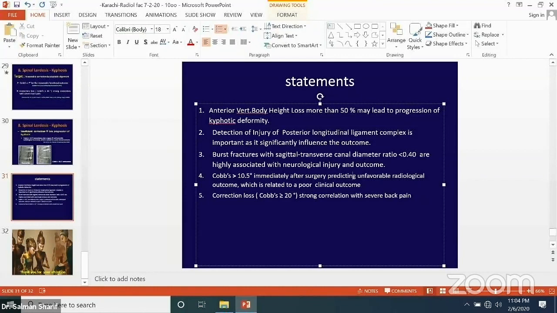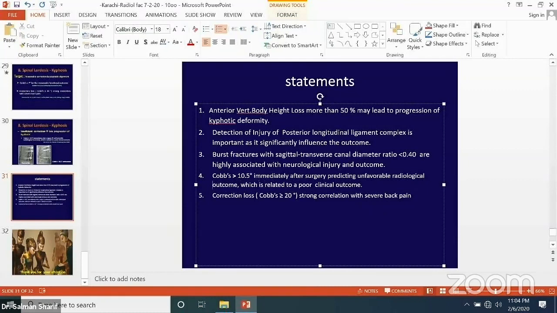Four. Cobb angle more than 10 degrees may predict unfavorable radiological outcome, or poor clinical outcome.